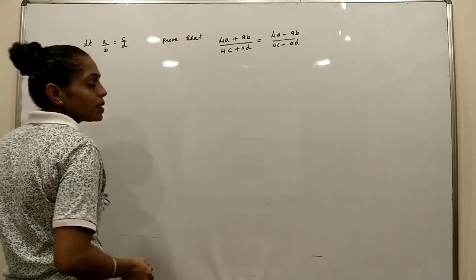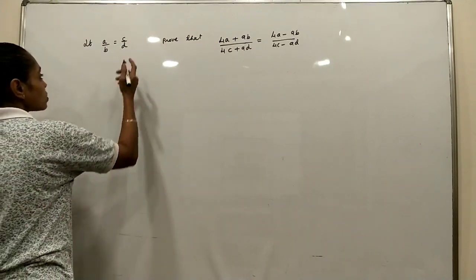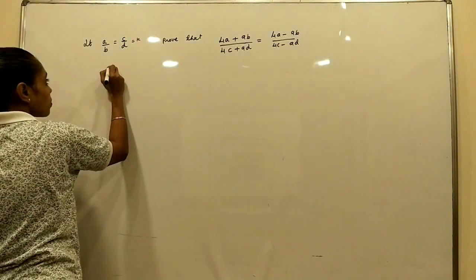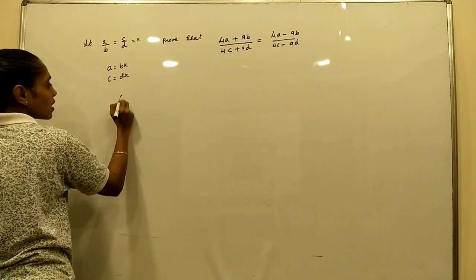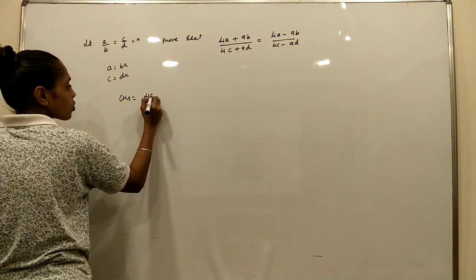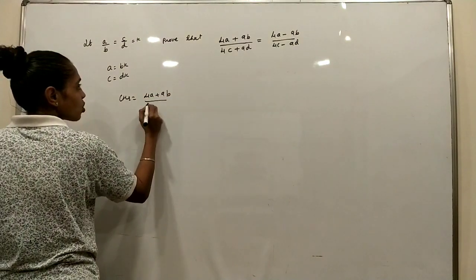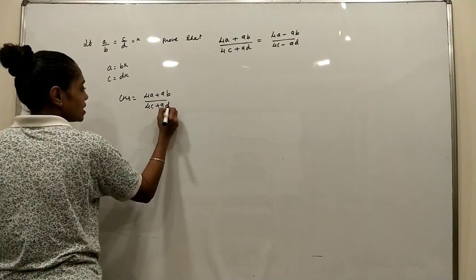And the K method is also easy. Take a upon b equal to c upon d equal to k, so a equals bk and c equals dk. Now LHS: 4a plus 9b upon 4c plus 9d.